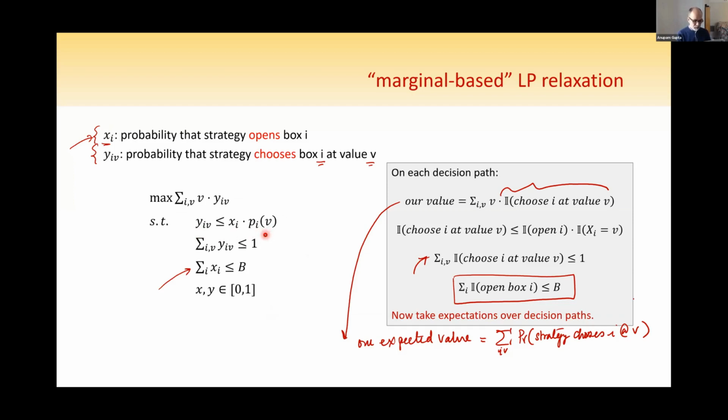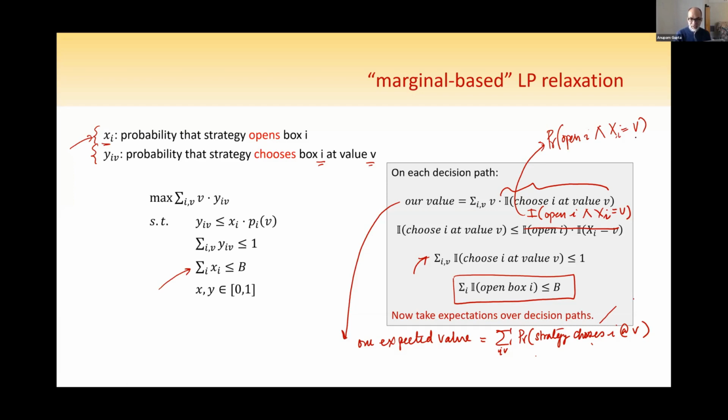I had a mistake on the previous slide. This should really be the indicator of open i and x_i equals v. And if I take expectations, this becomes the probability that I open i and x_i equals v. And the probability of a random variable taking on a value does not depend on whether I opened it or not, because they are independent.